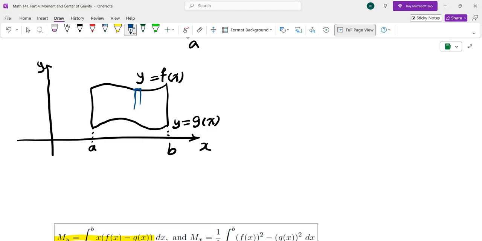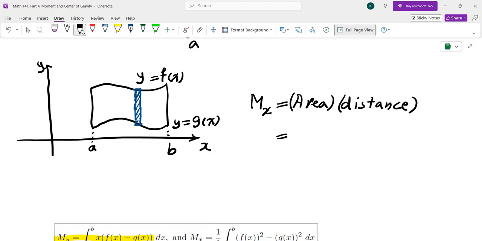I'm going to find the moment of this sliver relative to the x-axis, and then we'll turn that into an integral. So again, we'll have to find the area, and then we'll have to find the distance. So moment relative to the x-axis would be area times distance.